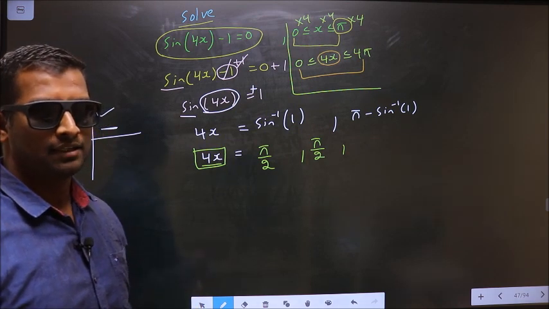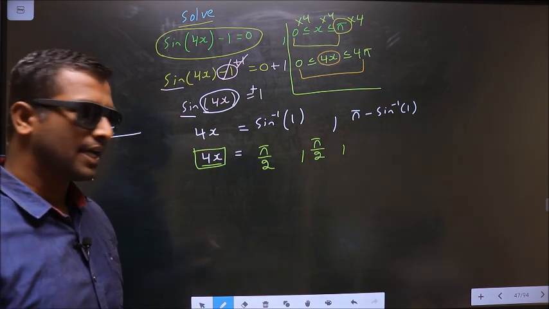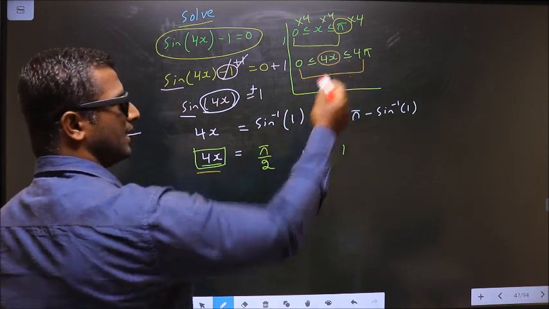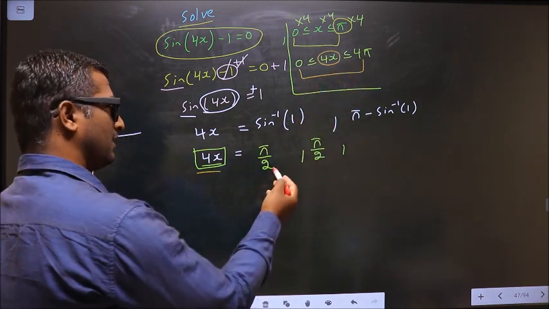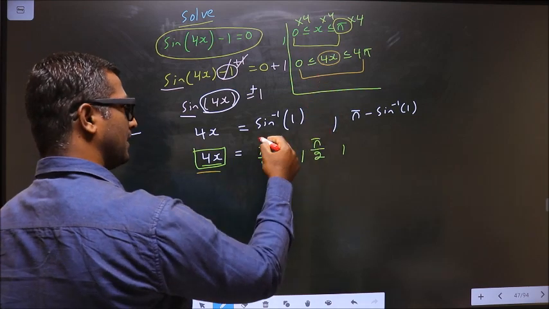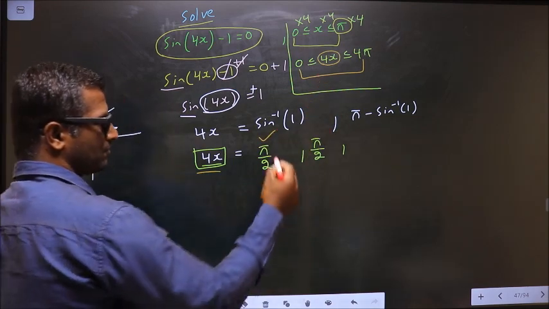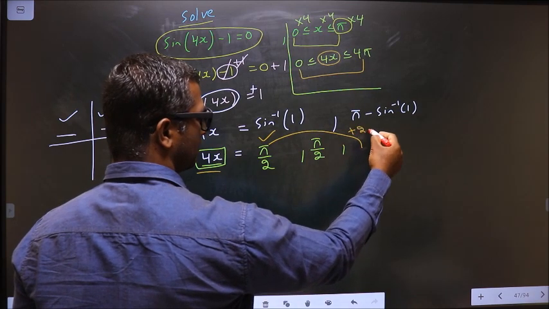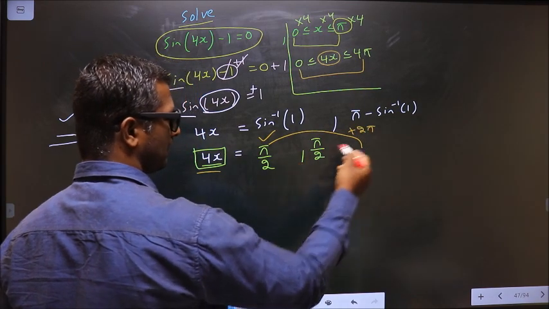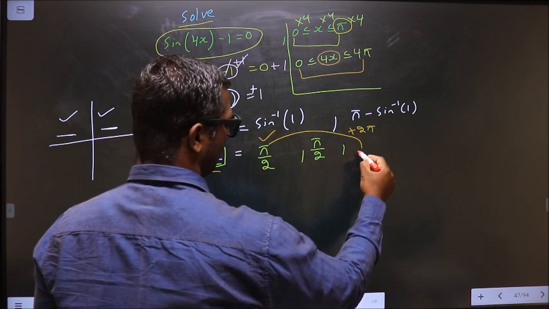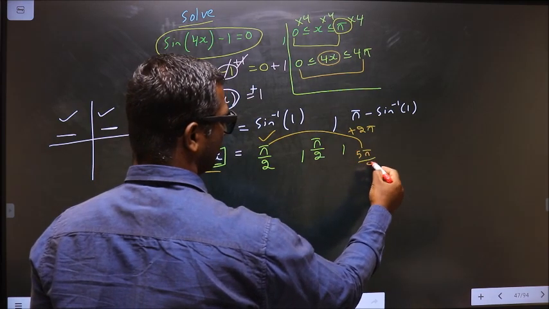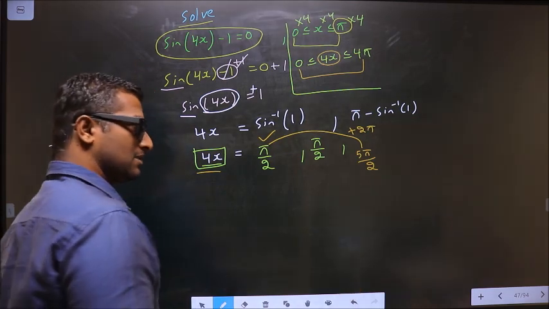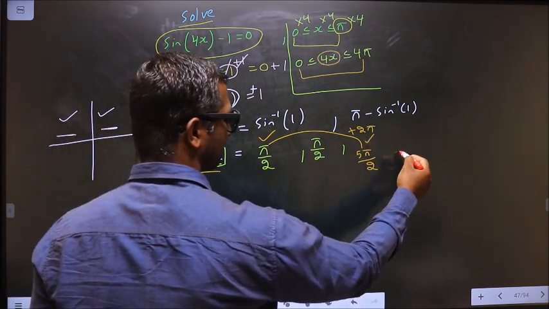Am I clear? Now we should write all the values for 4x in this interval. Does pi by 2 lie in this interval? Yes, so accept it. Now to get another value, you should add 2 pi to this. So pi by 2 plus 2 pi will result in 5 pi by 2. Does this lie in this interval? Yes, so accept it.